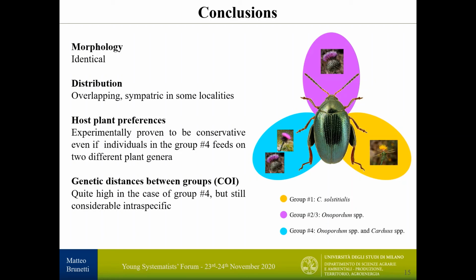Even if Group 3 and 4 feed both on Onopordum and Group 4 feeds on 2 different plant genera, the specificity for the host plant has been proven to be really high in experimental tests. The identified groups are well supported by phylogenetic analysis, but the genetic distance among them should still be considered as intraspecific.